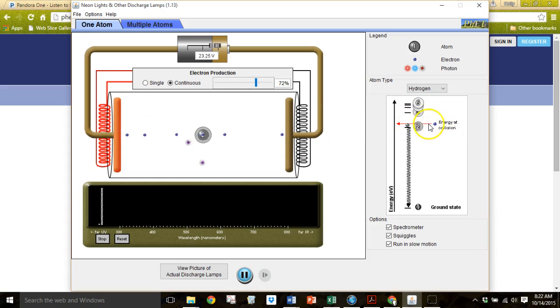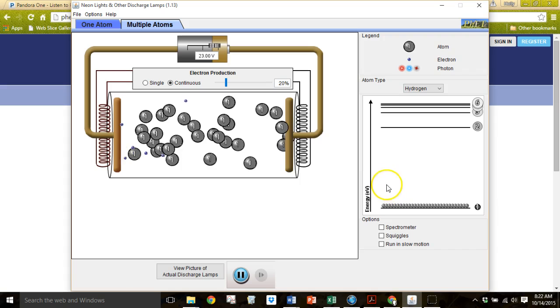That also changed the energy at collision. Watch this also. Notice what effect this has. Obviously, if I move this out of the stream of the electrons, we're not going to get anything going on. Multiple atoms.